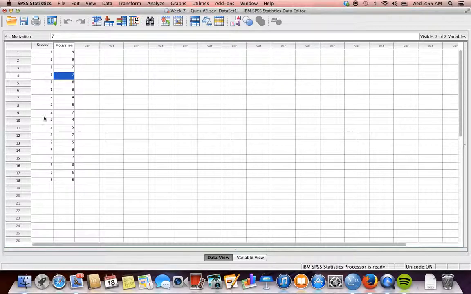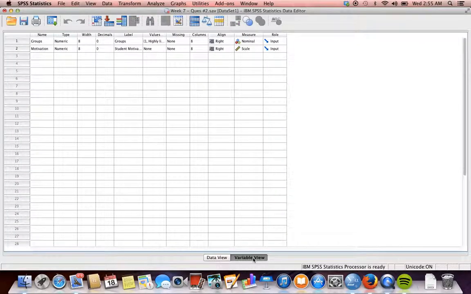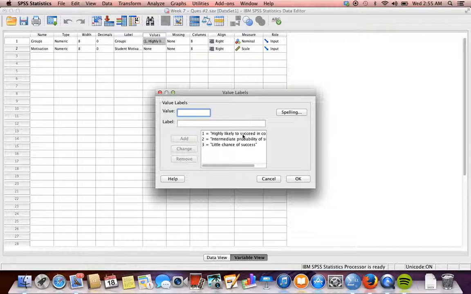So your first variable is groups, the type of group, and then your second variable is the motivation inventory. If you go to your variable view, I would do the same thing in terms of making it clear. I would label the first variable groups, label your second variable student motivation, and then for groups, number 1 is the perception of highly likely to succeed in the course.